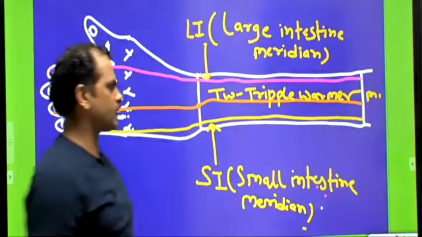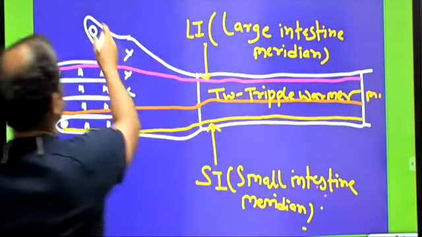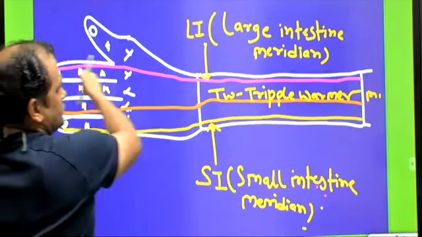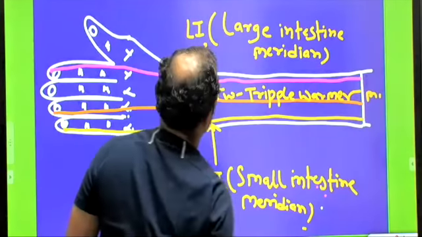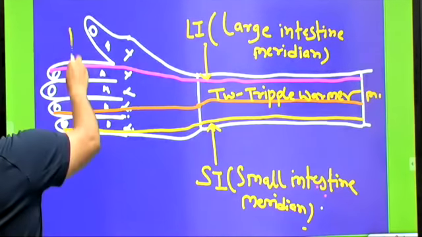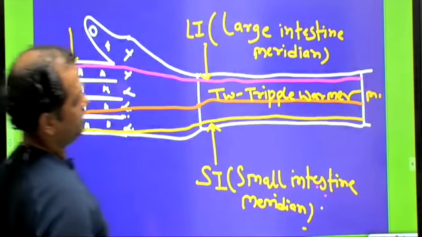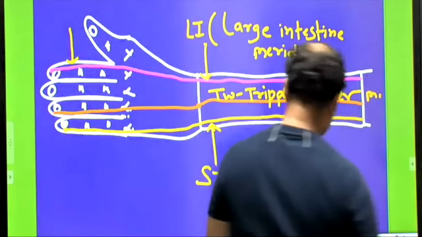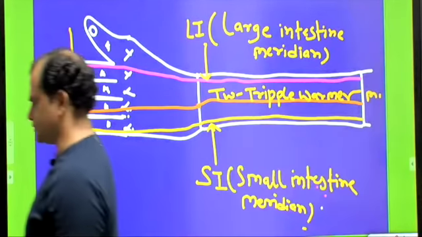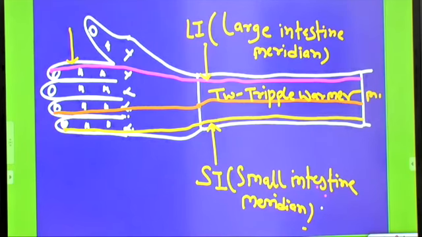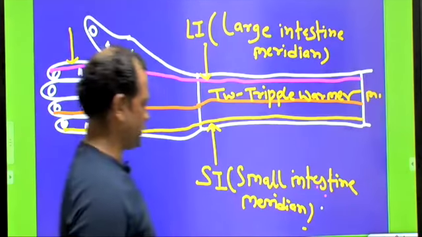Now, the meridian on the thumb side is called the large intestine meridian. So let's discuss the large intestine meridian first. Before starting, I would like to tell you one more thing.